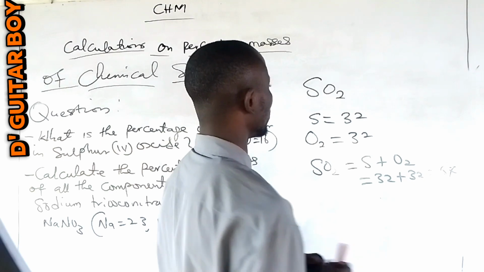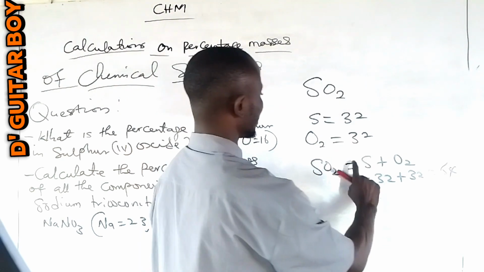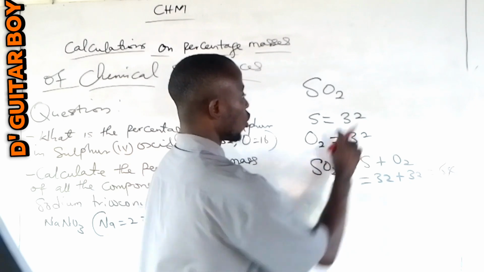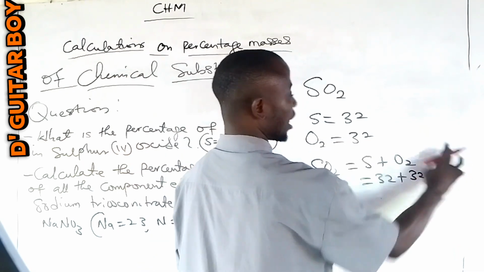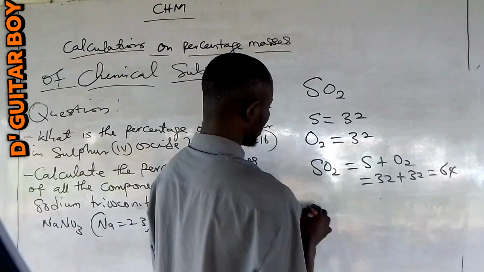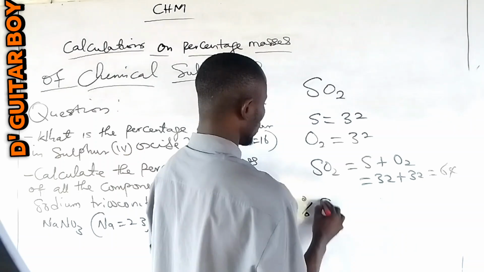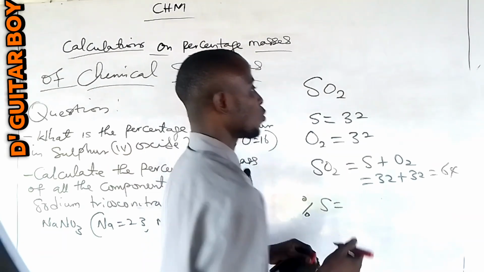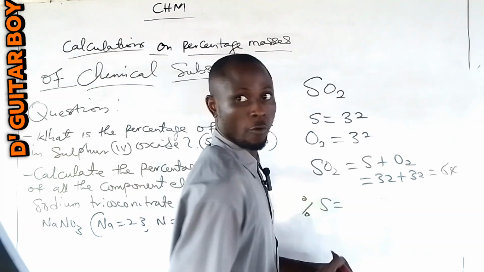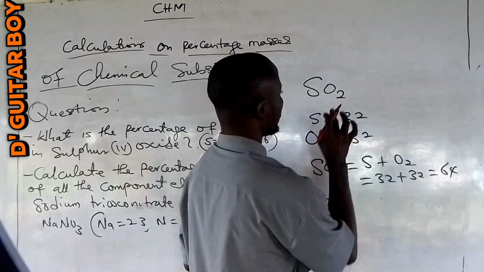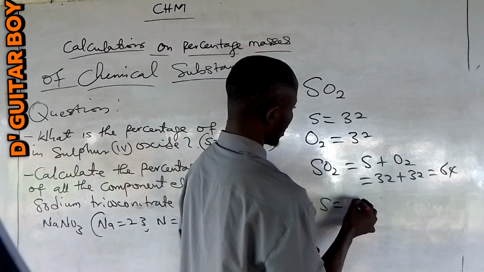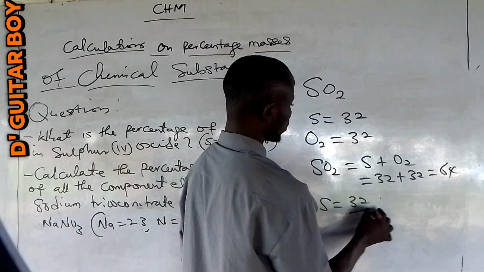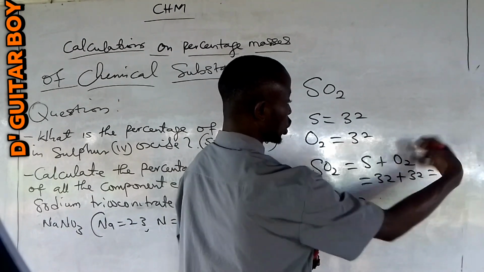Now, to know the percentage of sulfur inside this, you look for the fraction of sulfur inside the total. The fraction of sulfur, which means the percentage of sulfur, is equal to the amount of sulfur in each molecule of sulfur dioxide, which is 32, all over 64, which is the total.